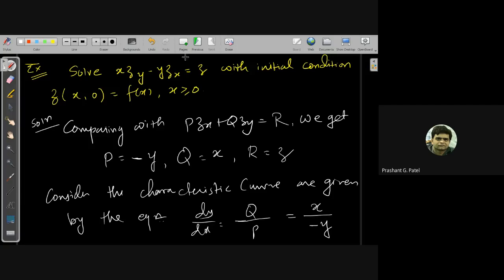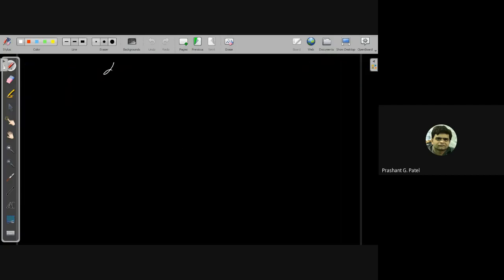Now we need to find out the solution for this, and it is easy to calculate. Since the equation is dy by dx is equal to minus x by y, you can use the separable variable method to obtain the solution for that.